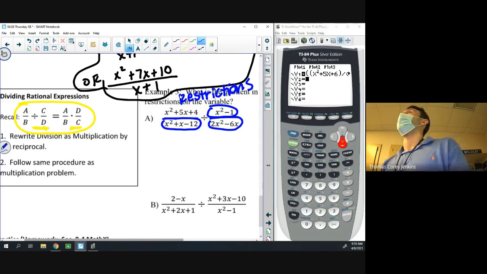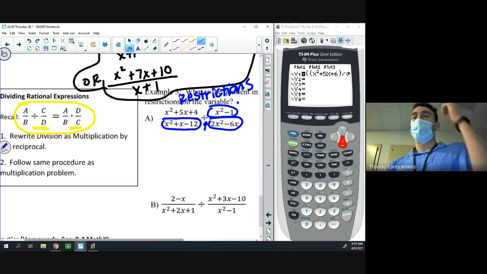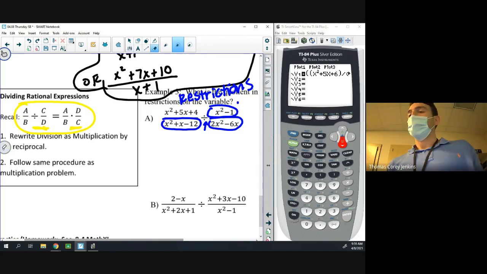So 3 out of the 4 expressions, we need to look at what their zeros are, okay? And the reason for that is because even though this is in the numerator, it comes after a fraction bar right there, right? So technically it's kind of under a fraction bar. So you may want to note that somehow.